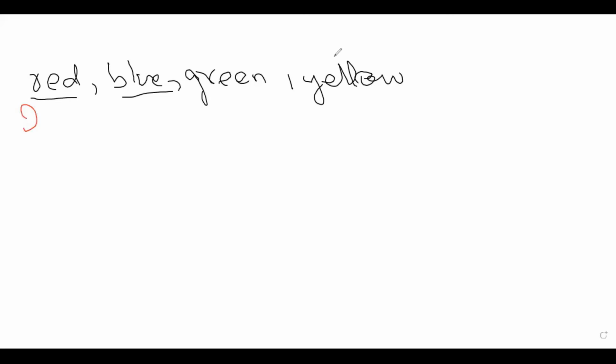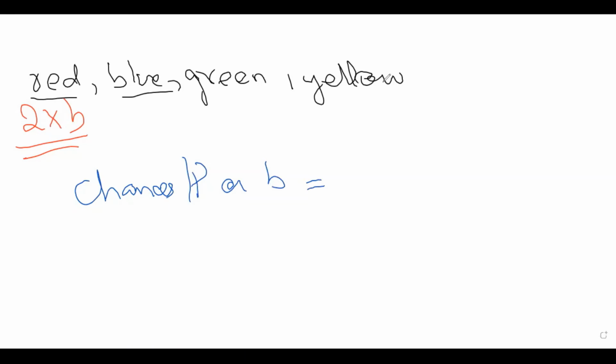Jessica has taken out one button. The probability, meaning chances, of blue was how much? 0.2.